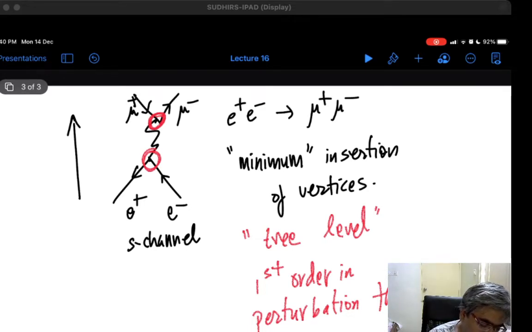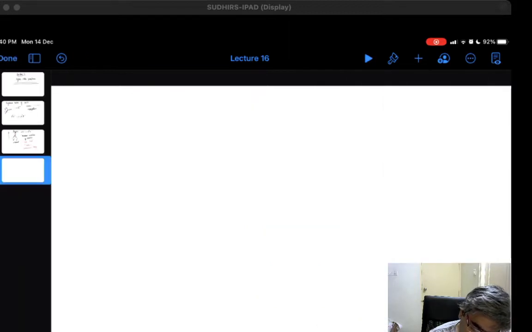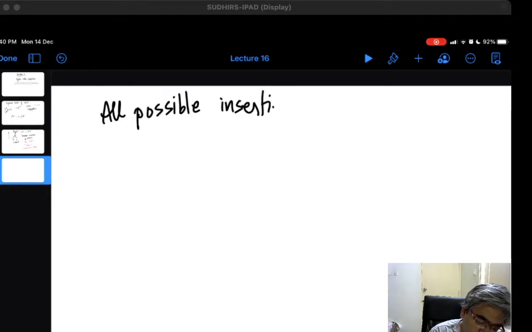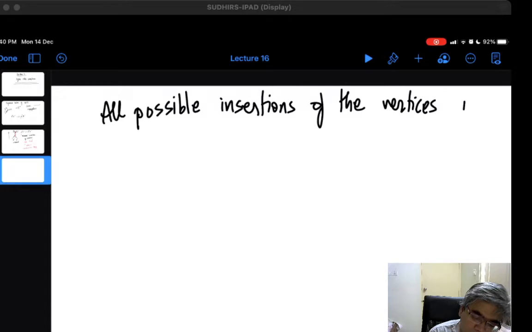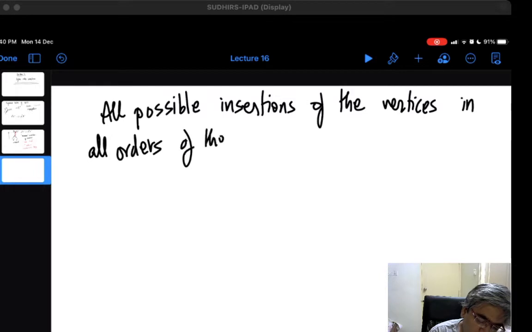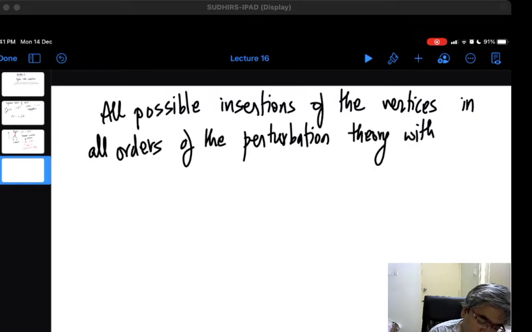For example, you have to consider in reality all possible insertions of the vertices in all orders of the perturbation theory with the same final states.